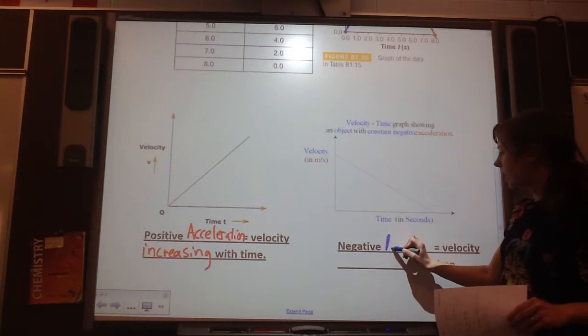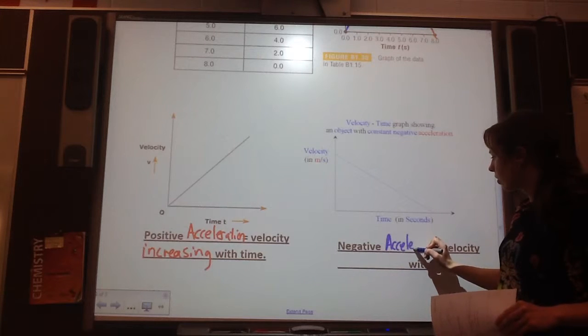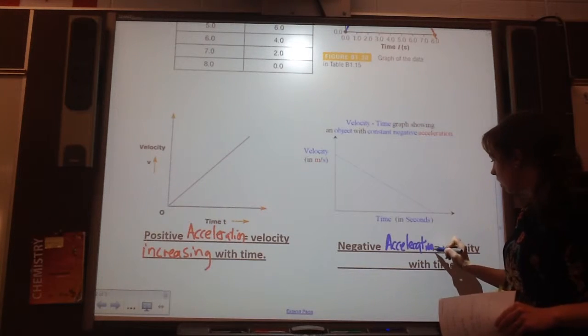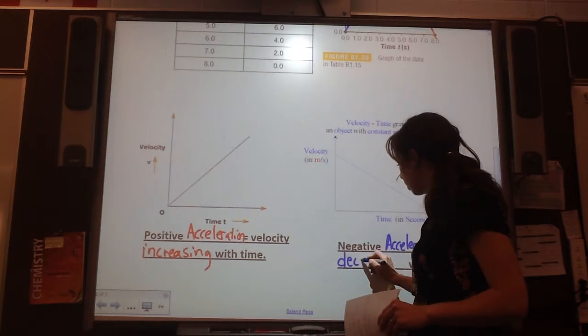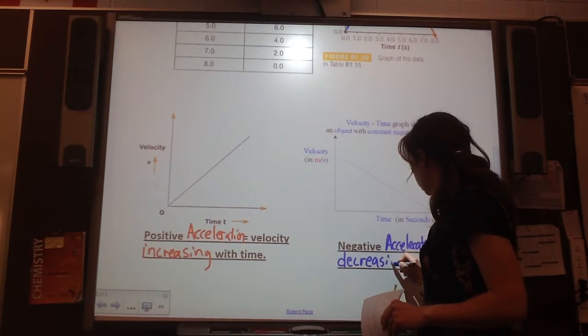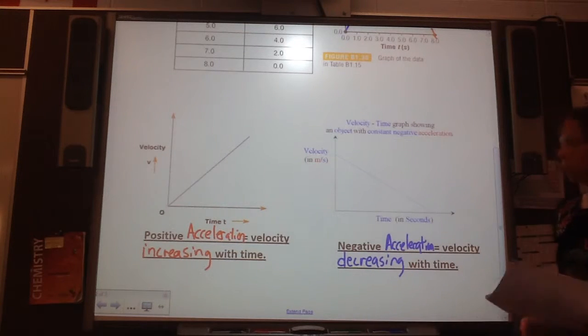And here we have negative acceleration, because velocity is decreasing with time.